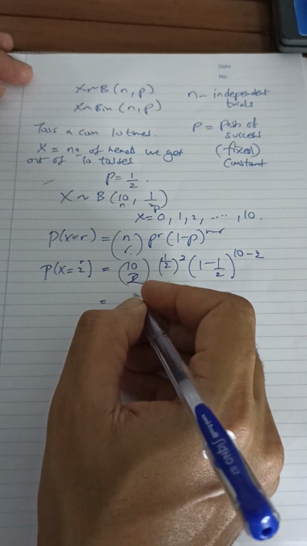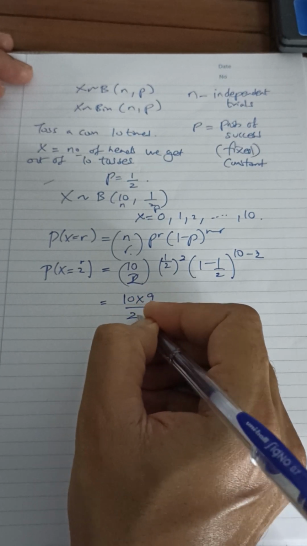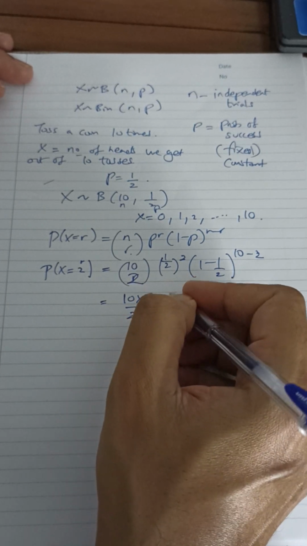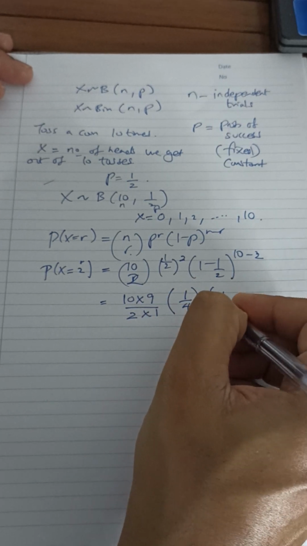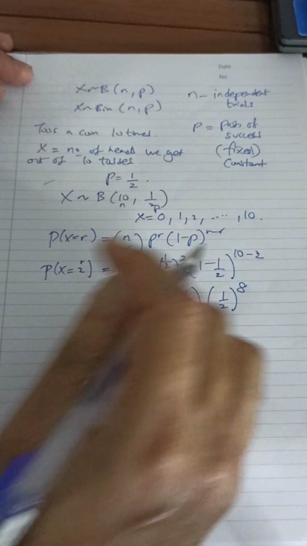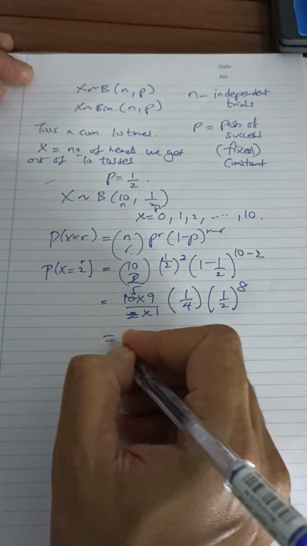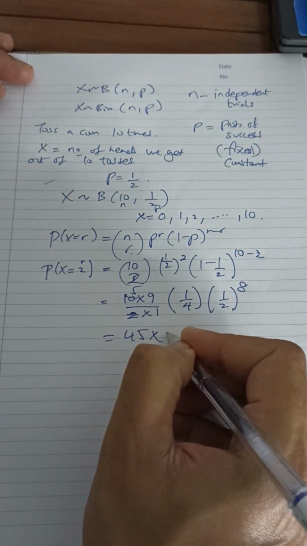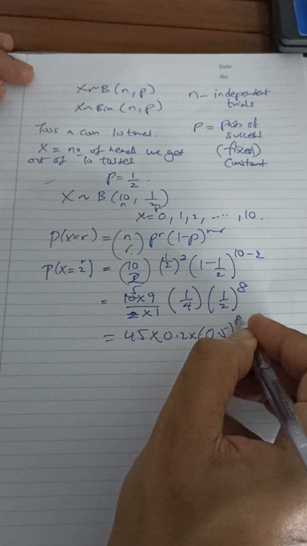Now 10C2 you can do manually, it's 10 times 9 over 2 times 1. Half squared is 1/4, and this is half to the power of 8. So 2 goes into 10 5 times, so it's 45 times 0.25 times 0.5 to the power of 8.